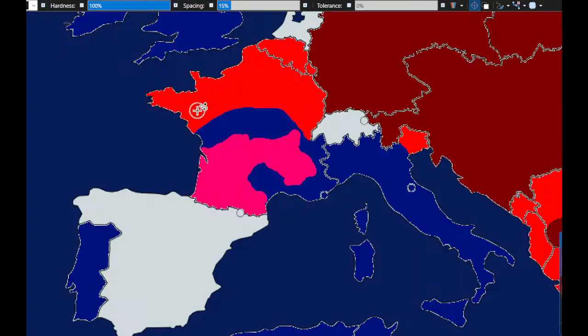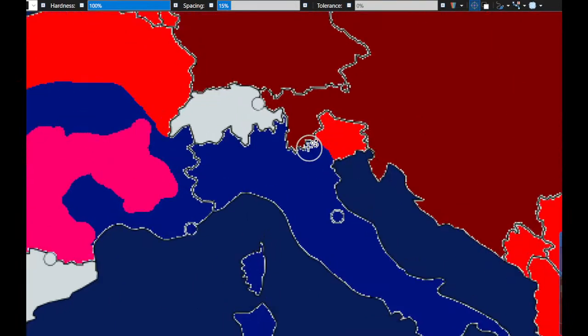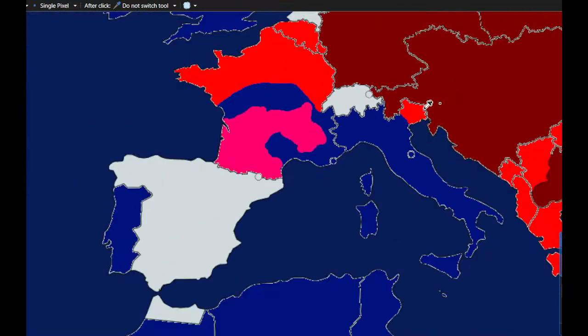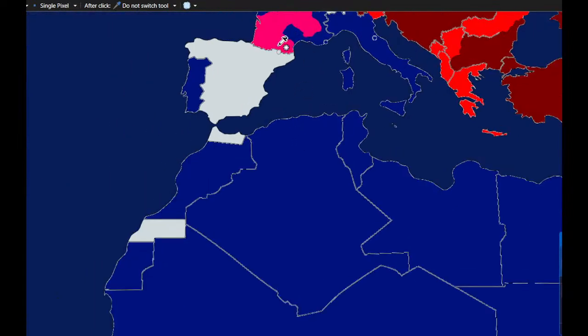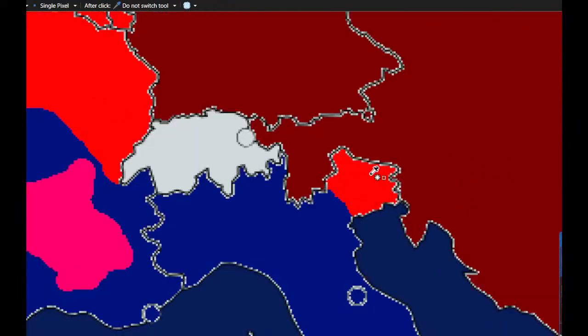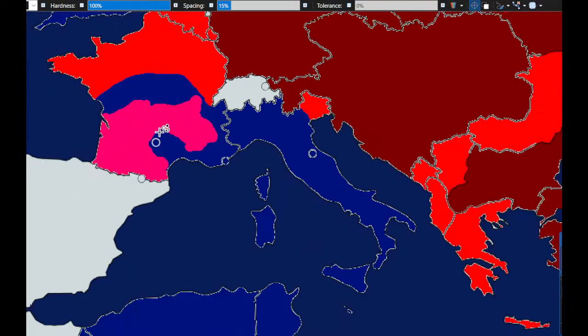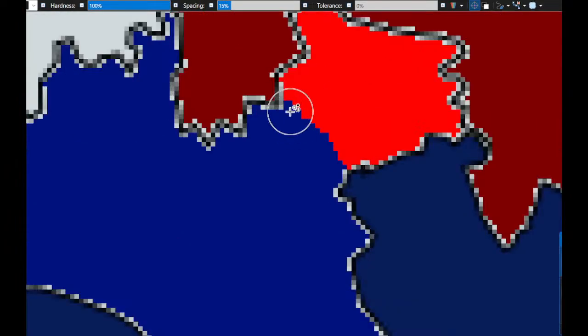So with this, the British have been distracted enough, and Spain kind of wants to join the war, but they don't because they don't have much to gain from joining the war except for fighting the insurgencies in France and beating Portugal, which they don't really have a reason to do.